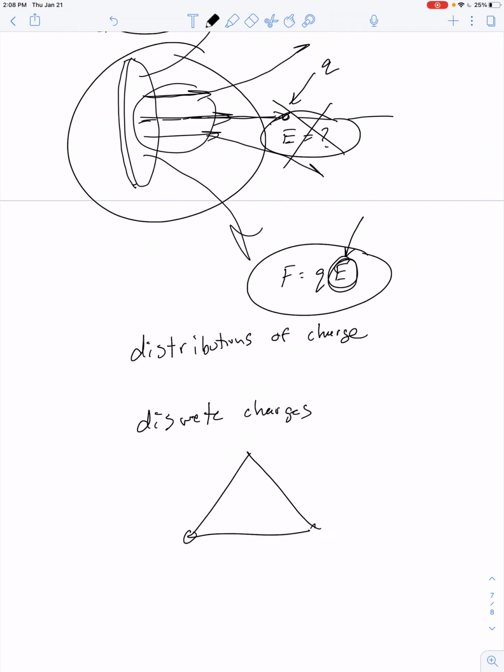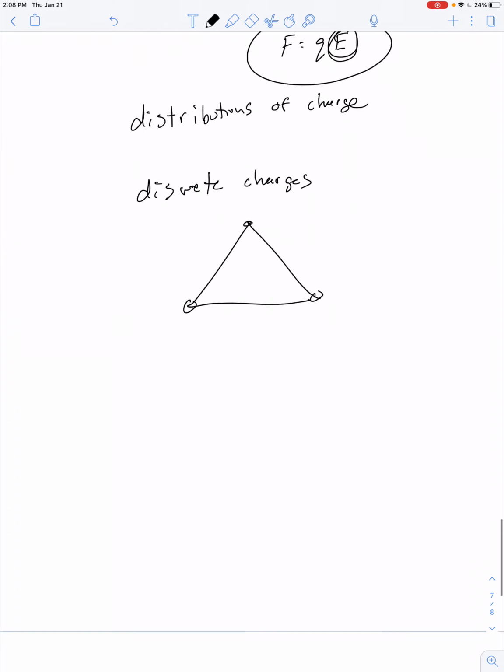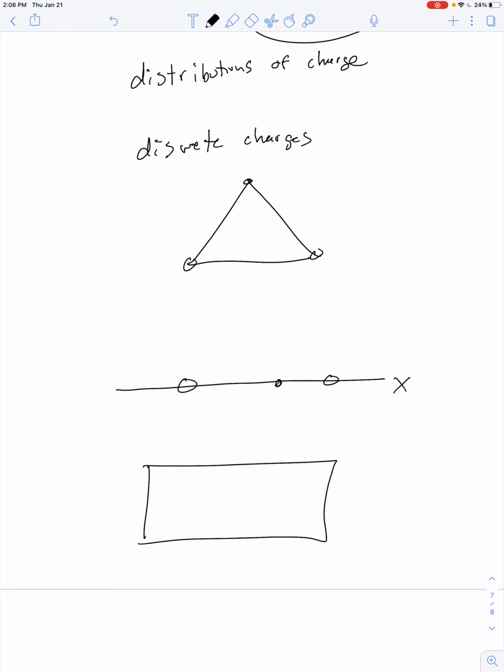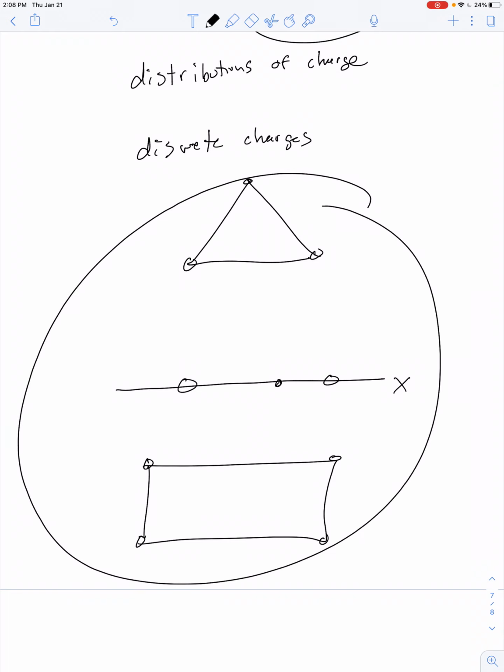Whether it's three charges on the vertices of an isosceles triangle, or we just have two charges that are along the x-axis and we choose to place a third charge somewhere on there. Maybe we have charges 1, 2, 3, 4, and the corners of a rectangle, whatever the case. If we can count them out as individual point charges, then we can use the formula E equals KQ over R squared.